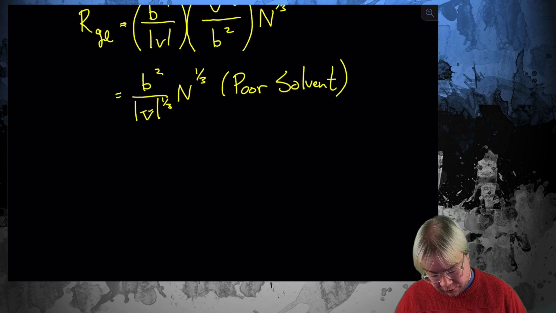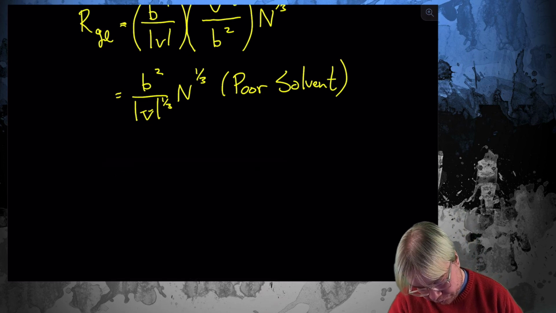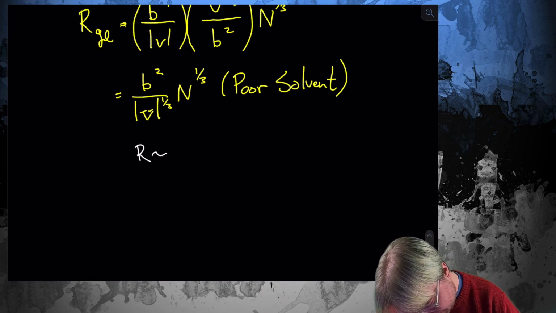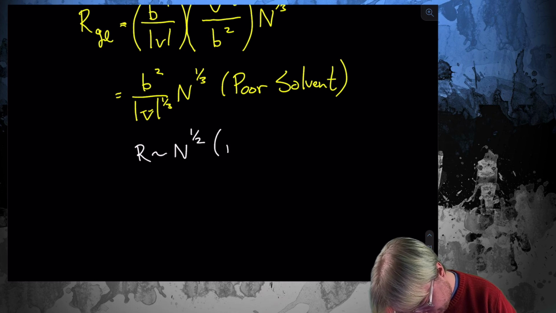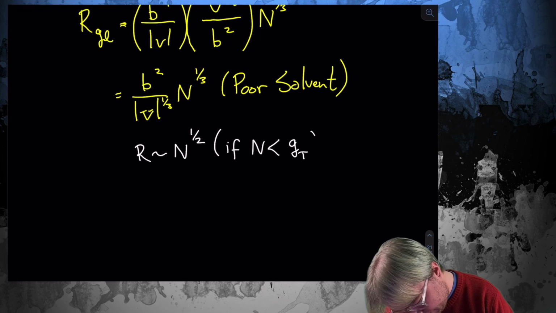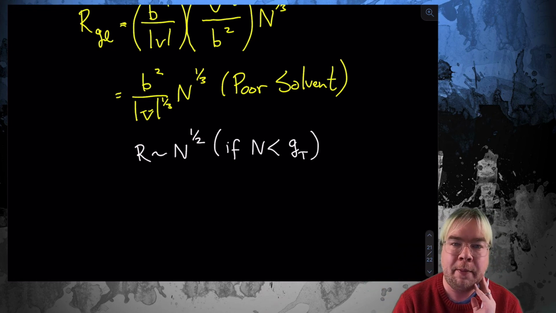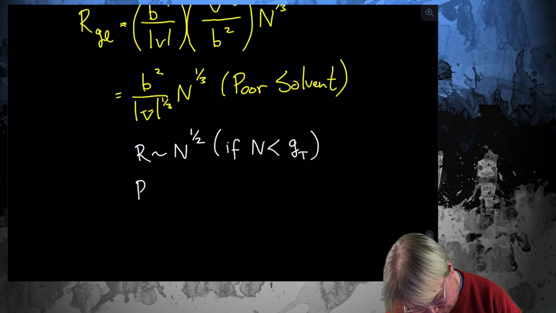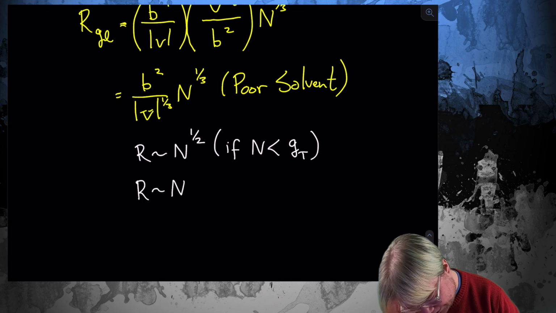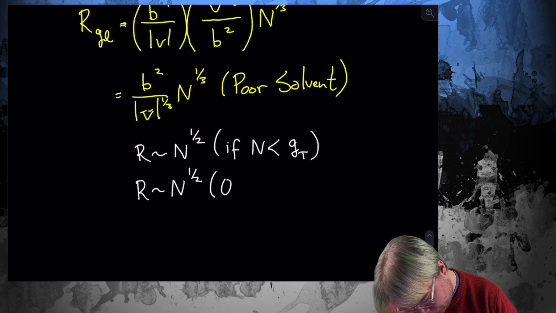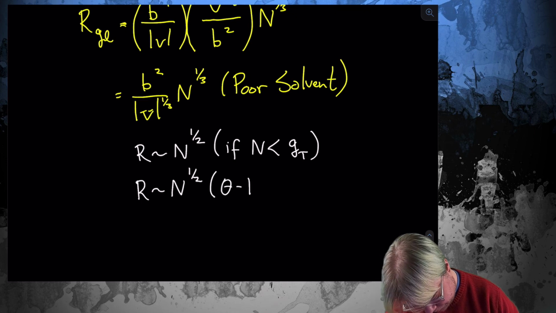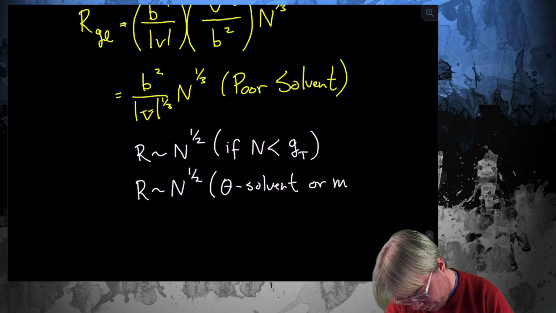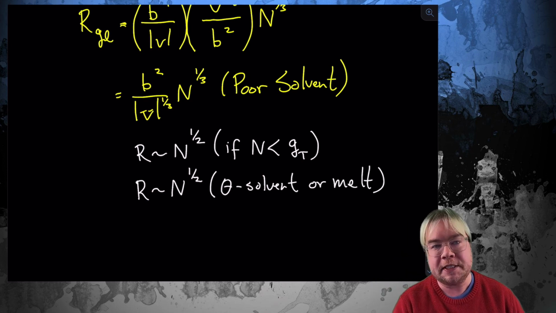But now we can fill in our chart a little bit. So remember, R scales as n to the 1/2 if n is less than the number of monomers in a thermal blob. R scales as n to the 1/2 in a theta solvent or a melt of identical chains.